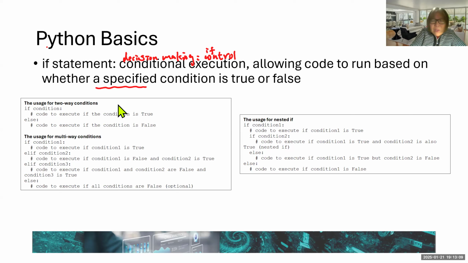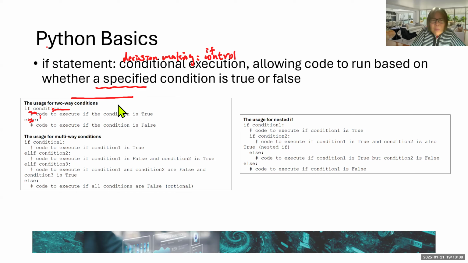Okay, so if it meets a certain condition, it will allow code to run based on a specified condition, if it's true or not. Okay, and regarding this, there are different categories. So here we give a two-way condition. So two-way condition is if you have if and else. And if you take a look at it, it's colon, and the indentation, okay?